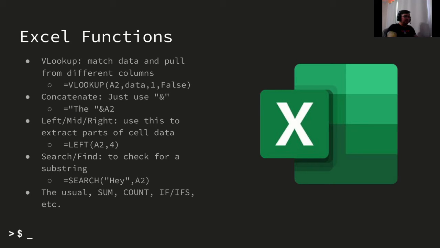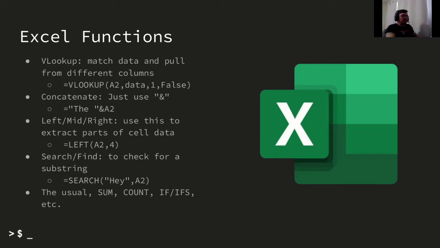MID, LEFT, and RIGHT are kind of like cut, so you can use the second number here, the 4, to chop off information. If you had a 5 character long string, LEFT would capture everything up to the 4th position. And this is indexing 1, not indexing 0.